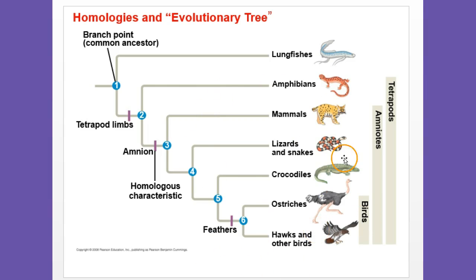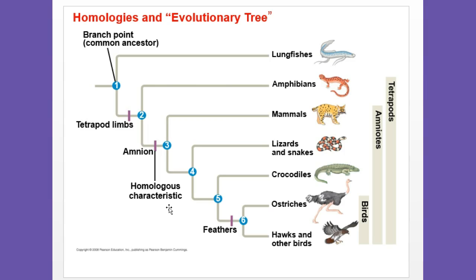This is for tetrapods. Tetra meaning four, tetrapods. The lungfish is based on anatomical and DNA sequence data. Purple bars indicate the origin of the important homologies, each of which evolved only once.